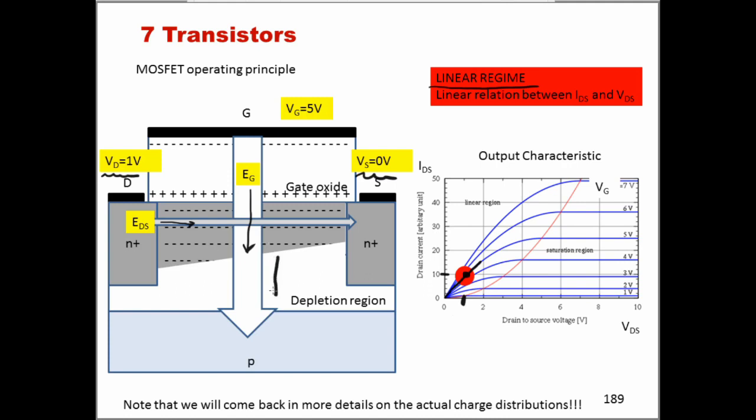So if this is the electric field due to the gate, and we have a small electric field due to the drain source bias, then the total electric field is the composition of these two, and so the total would be something like that.